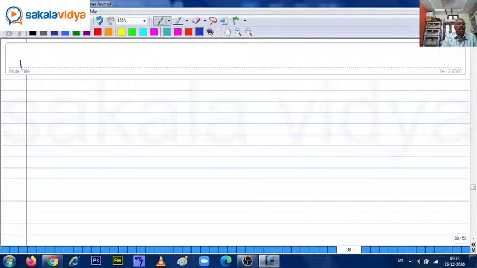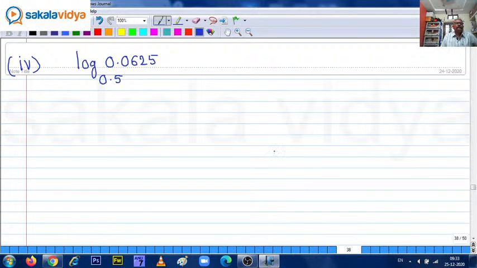Now the fourth problem. Log of 0.0625 to the base 0.5. Solution. Method 1.